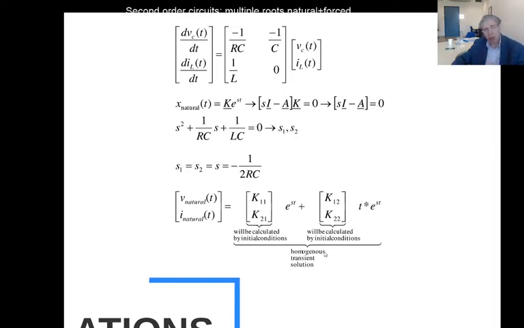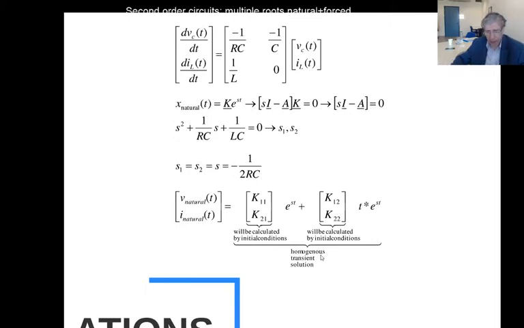Why is that? Because in the homogeneous solution we consider the independent sources as 0. In the natural solution we consider the independent sources deactivated or removed from the circuit, and the only energy sources are the initial conditions related energy sources, that is stored energy.